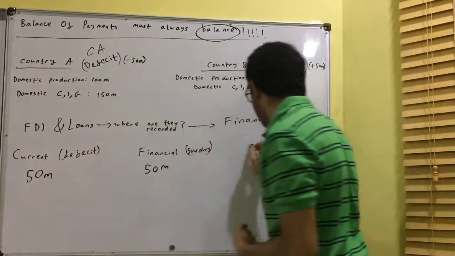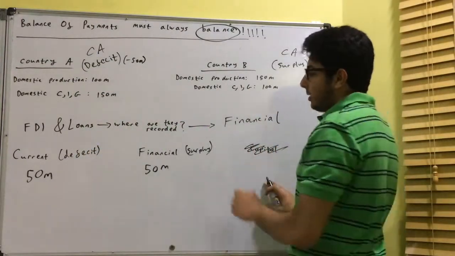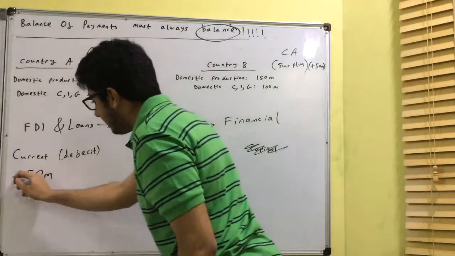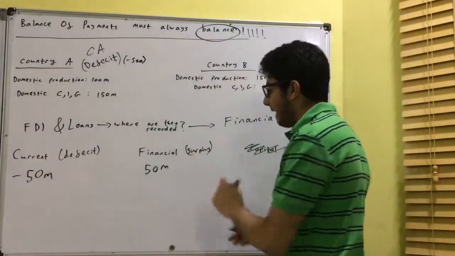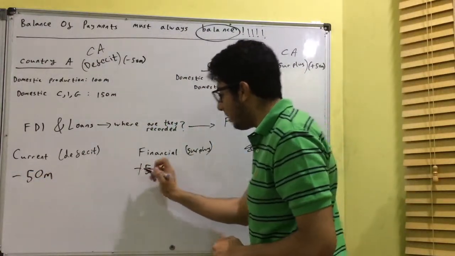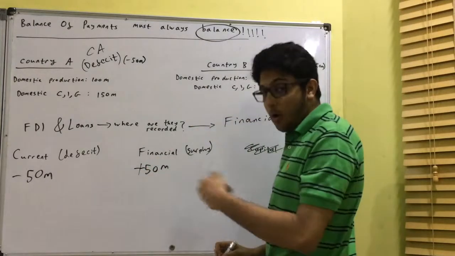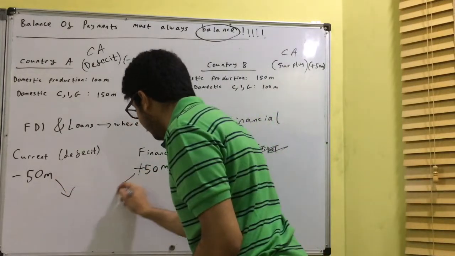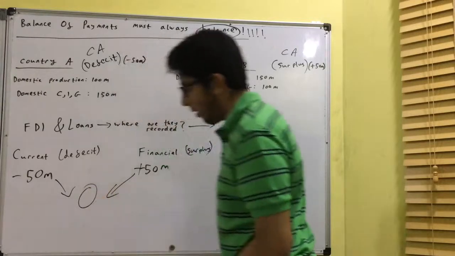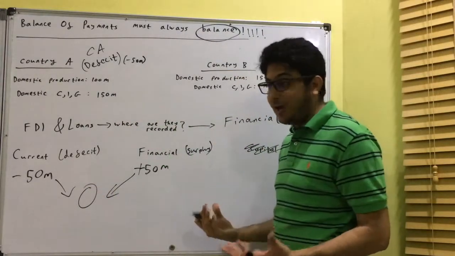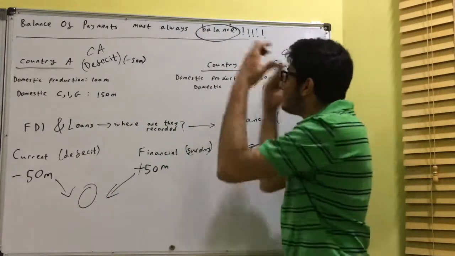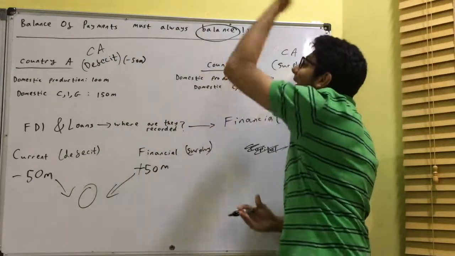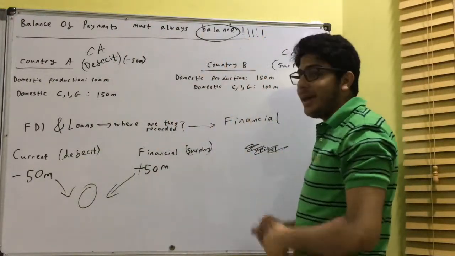Okay, let's ignore the capital account to make things simpler. So for the current account, minus 50 million, financial account, positive 50 million. Overall, add them together, you get 0 on the balance of payments overall. It balances, because the balance of payments always balances, okay?